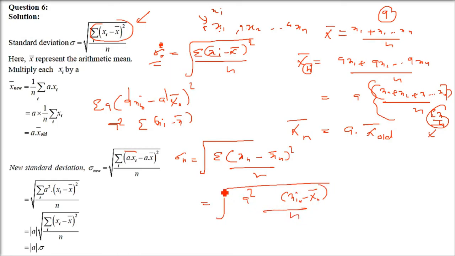Now a square you can take outside, and under root of a square is mod a, so you have to take plus minus a. The square root of the summation of xi minus x bar whole square by n, what is this? We know this is already sigma. So just put sigma here. So the sigma new is a, under the modulus, multiplied by sigma old. This is the expression.